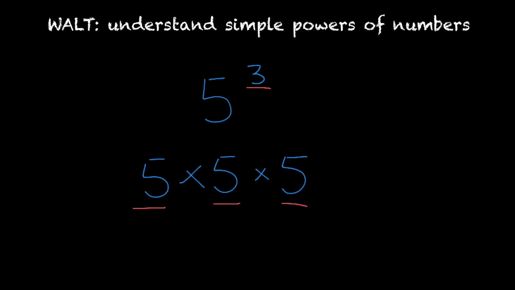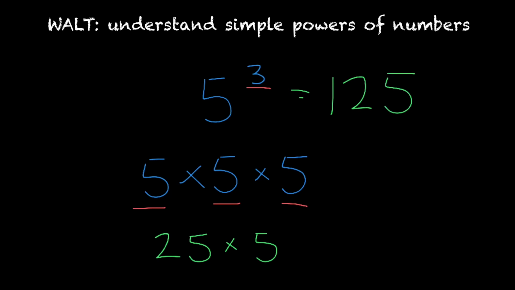So if we think 5 times 5 equals 25, and 25 times 5 equals 125. So 5 to the power of 3 is the same as 125. You can see these numbers get big pretty quickly when we're talking about these simple powers of numbers.